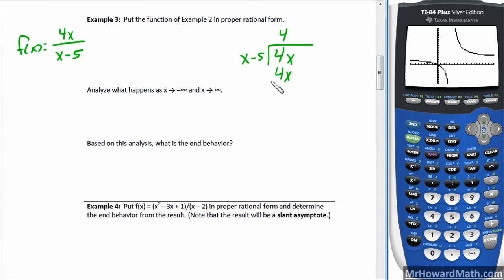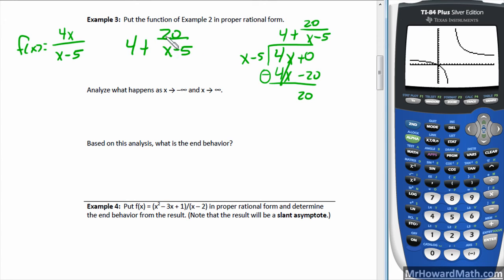Okay, so 4 times negative 5 is negative 20. So I would have a plus 0 right here. So the 4x cancels. 0, I'm subtracting here, plus 0 minus negative 20 is a positive 20. So I have nothing left to bring down, so my remainder is 20. So I have 4 plus 20 over quantity x minus 5. So now it is in proper rational form. So it would be 4 plus 20 over x minus 5.